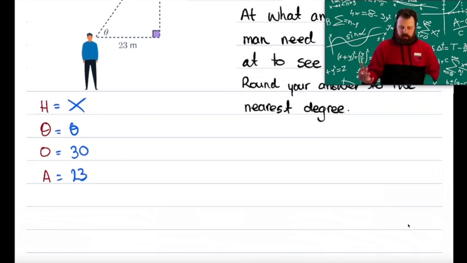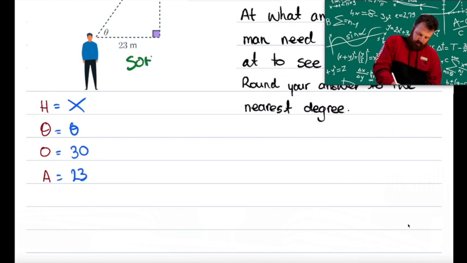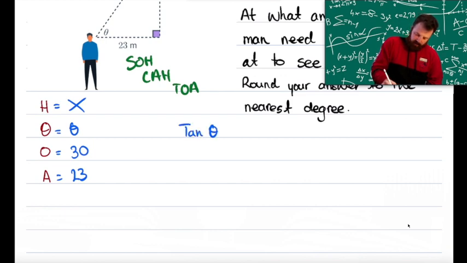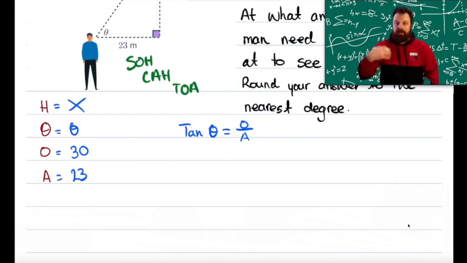So thinking back to SOHCAHTOA, which one of those deals with the opposite and the adjacent, and that would be tangent. So we have tan of theta is equal to the opposite over the adjacent. Substitute our information in.